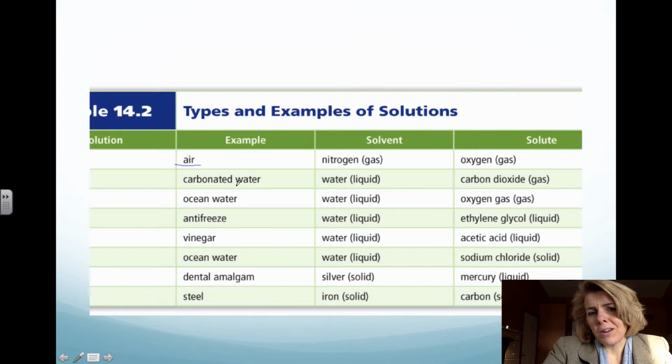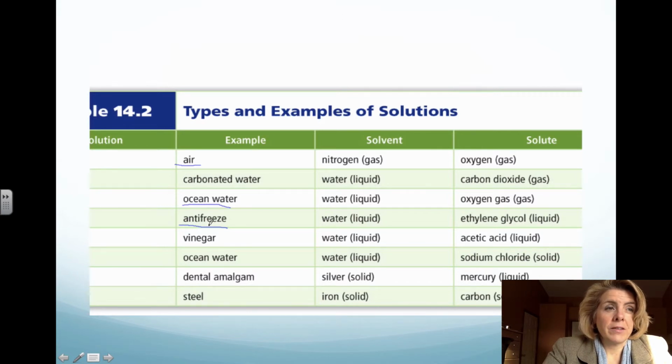Carbonated water, I drink that all the time. Notice that the solute is a gas, so I'm injecting carbon dioxide in my water every time I make a soda stream. Ocean water. Notice that in ocean water, we have gas dissolved in water. Here's an example of everyday liquid solute with liquid solvent. And by the way, antifreeze is toxic.